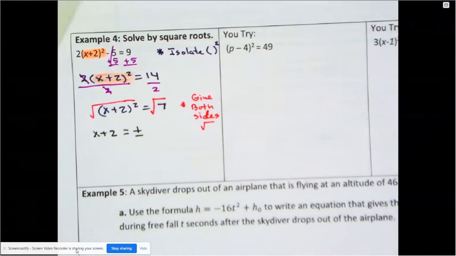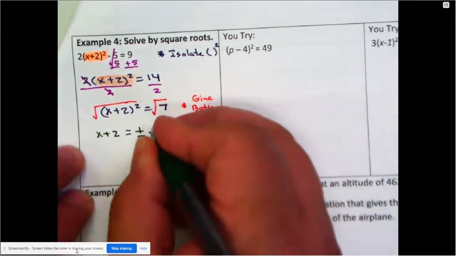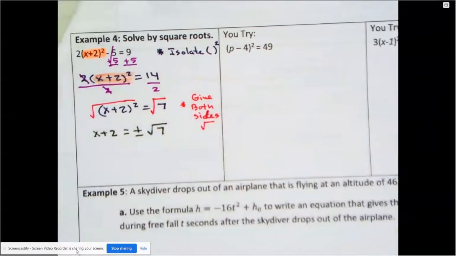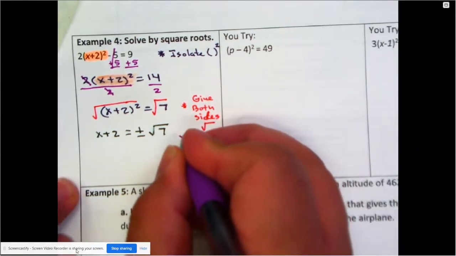Now, square root of 7, that is not something I can take a square root of. It's also something I can't even simplify using the tree method we talked about. So then I get to leave it inside of the square root just as a square root of 7. But remember what we said. One of the things that we have to do now, this is when we split.